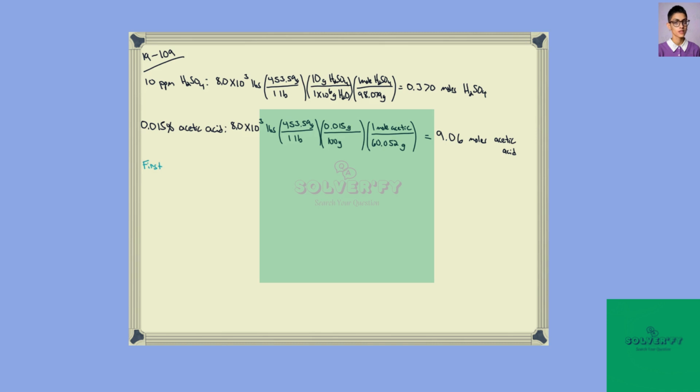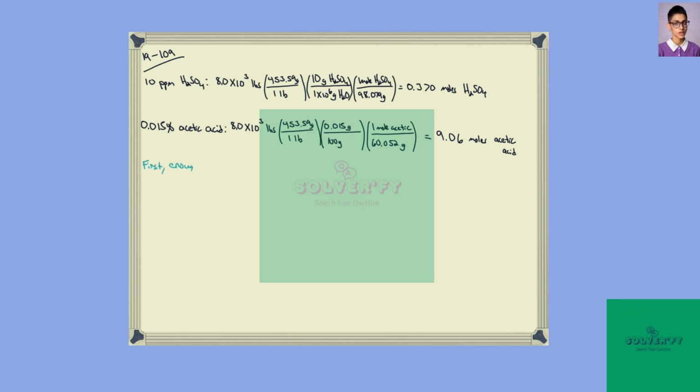Okay, what we now want to do is figure out how much of the weak base sodium acetate trihydrate needs to be added in order to maintain the pH at 5 or greater.